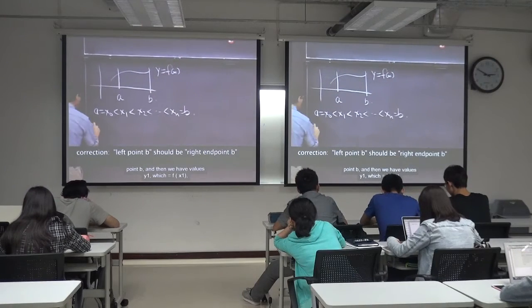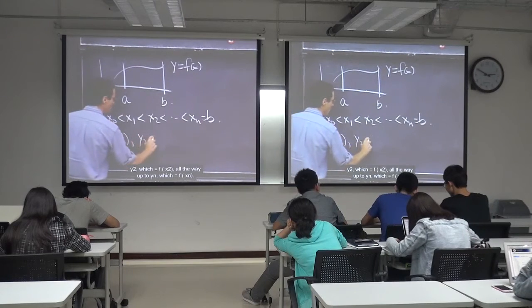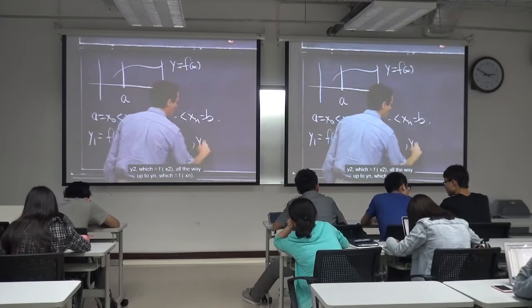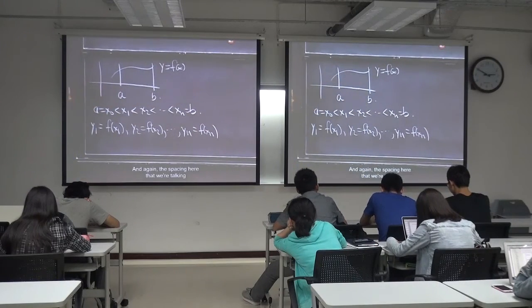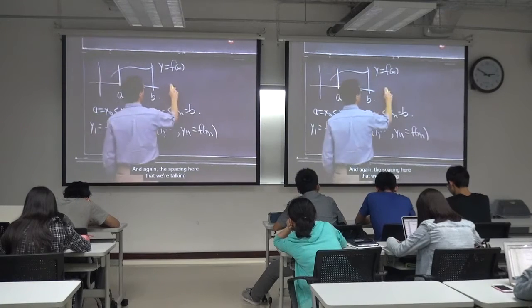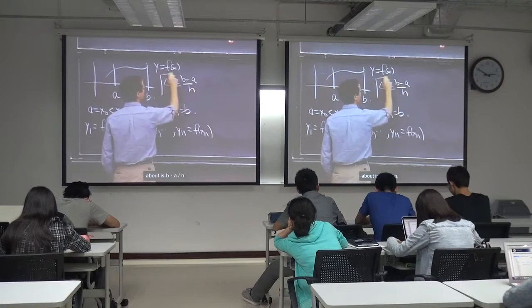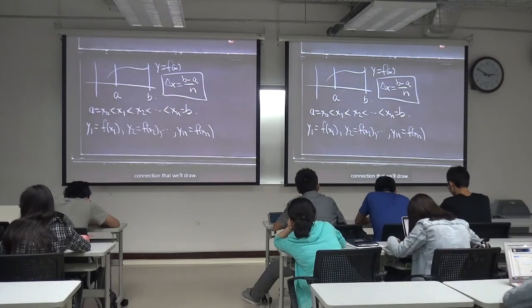And then we have values, y1, which is f of x1, y2, which is f of x2, all the way up to yn, which is f of xn. And again, the spacing here is (b minus a) over n. All right, so remember that spacing. That's going to be the connection that we'll draw.